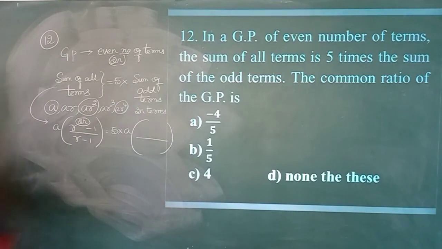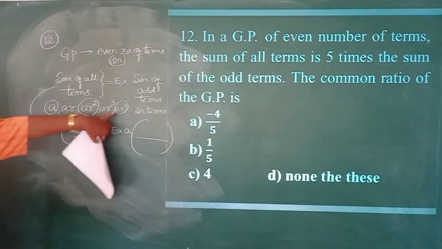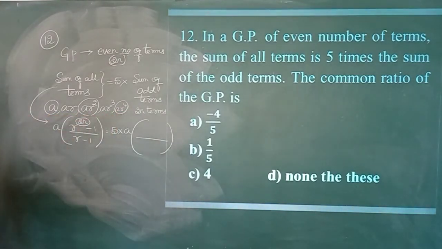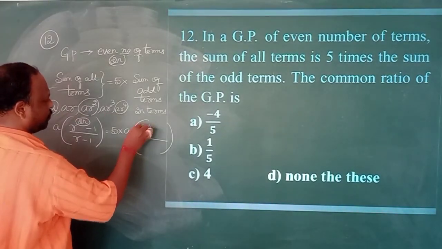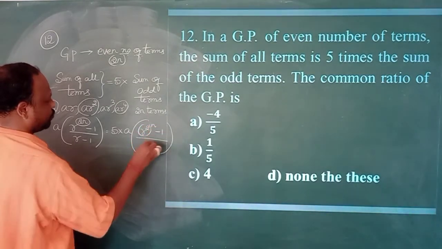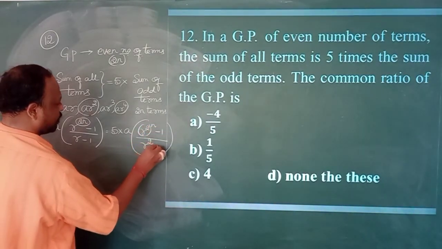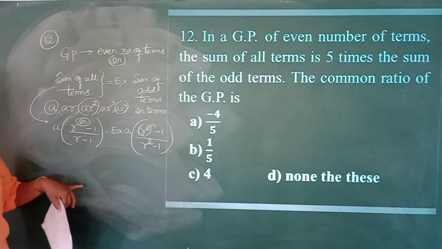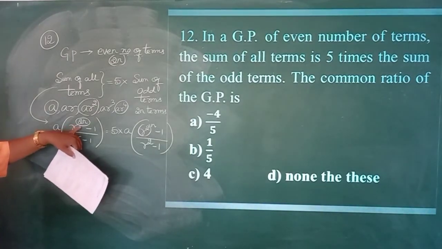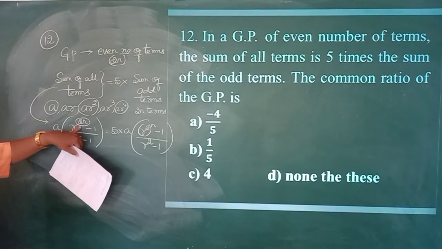Observe, first term, third term, fifth term. The common ratio of odd terms is always r square. So therefore, r square whole power n minus 1 divided by r square minus 1. The formula is a into r power n minus 1 divided by r minus 1, where for the sum of all terms we have 2n terms.